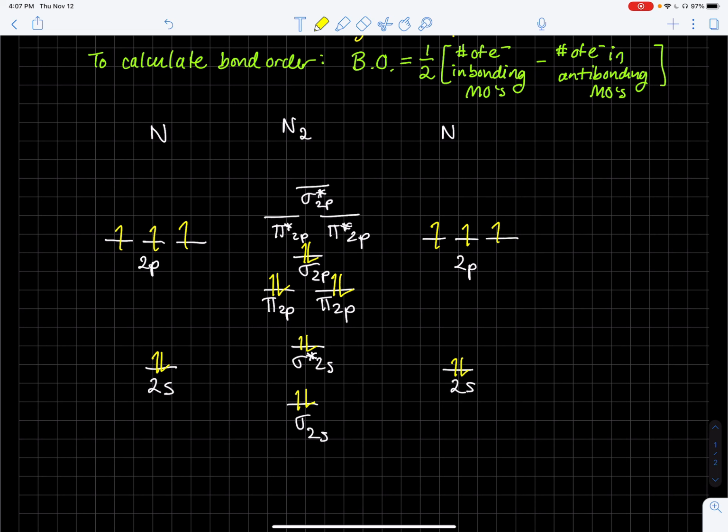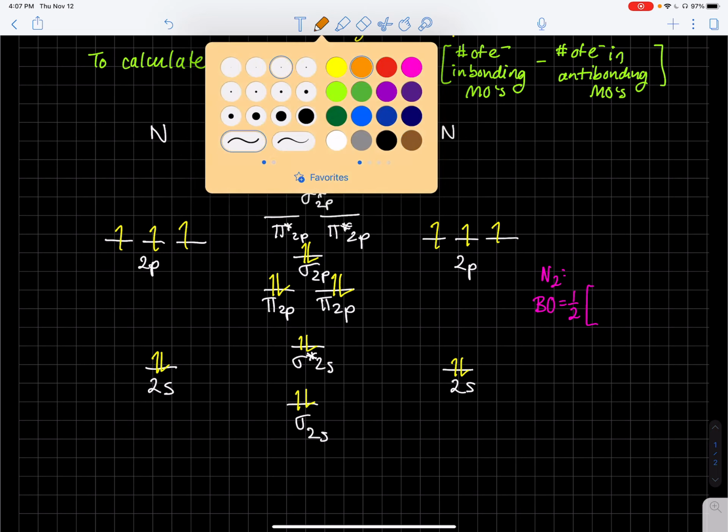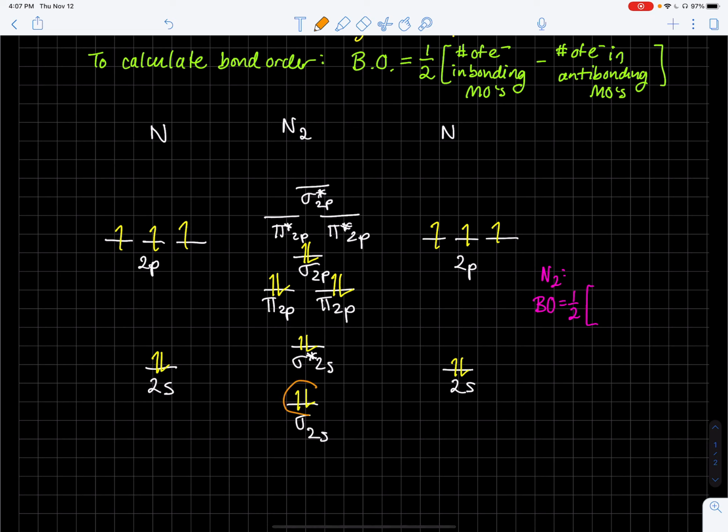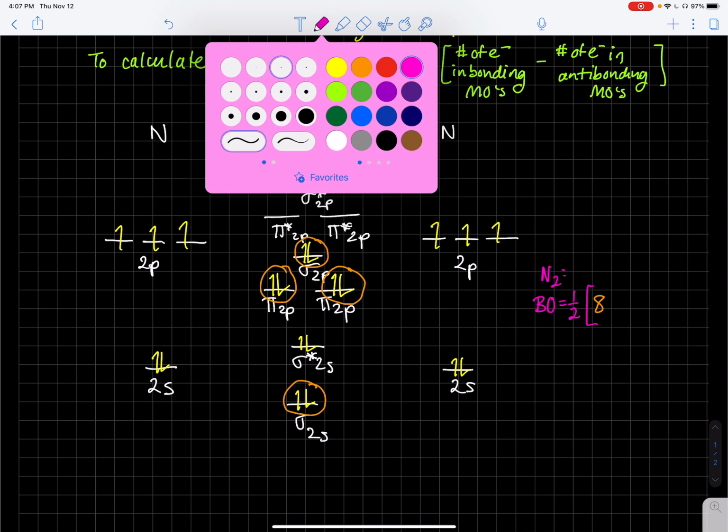So now let's calculate the bond order. For N2, the bond order is equal to 1/2. How many electrons are in bonding orbitals? I'm going to color code this so we can see them. I have 2 electrons here in the sigma bonding 2s. I have 4 electrons in the pi bonding 2p and 2 electrons in the sigma bonding 2p. So that gives me a total of 8 electrons, minus, and then how many electrons do I have in antibonding?